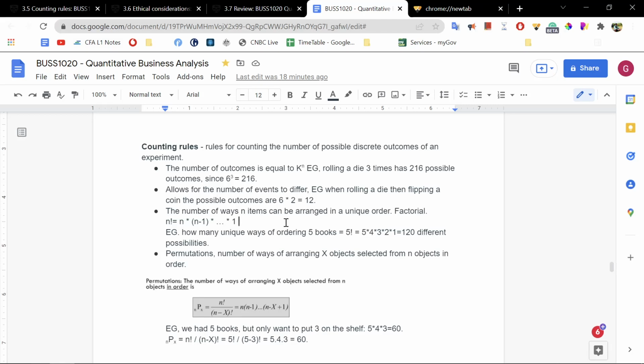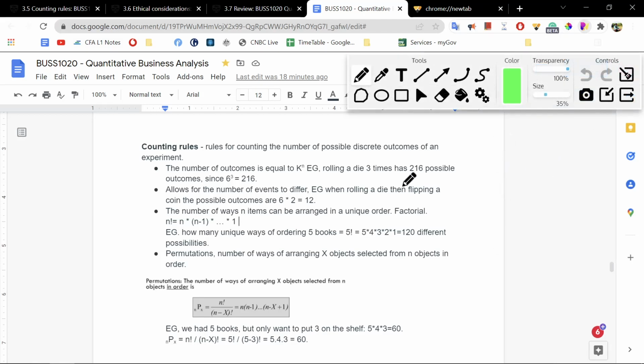All right, so the number of ways n items can be arranged in a unique order. For example, we have 5 books. How many different ways can we rearrange these 5 books? We can have book 1, 2, 3, 4, 5. We can have 5, 4, 2, 1, 3. We could have 3, 4, 2, 1, 5.